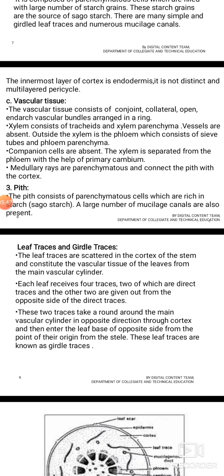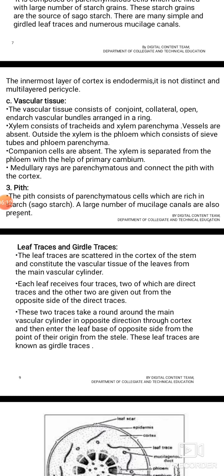The leaf traces are scattered in the region of the cortex and constitute the vascular tissue of leaves from the main vascular cylinder. Each leaf receives 4 traces, 2 of which are direct traces and the other 2 are given out from the opposite side of direct traces.